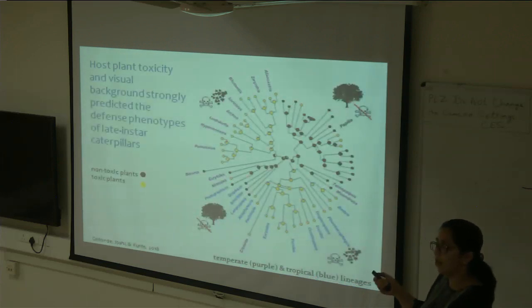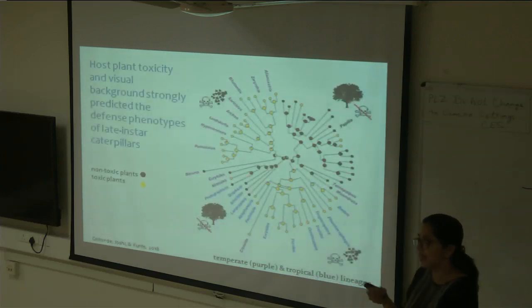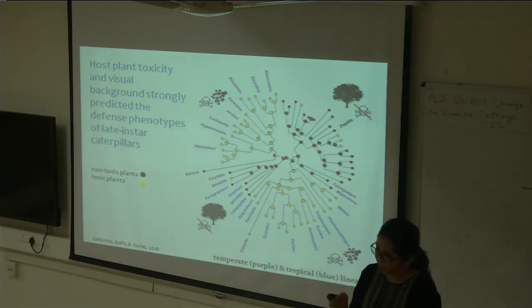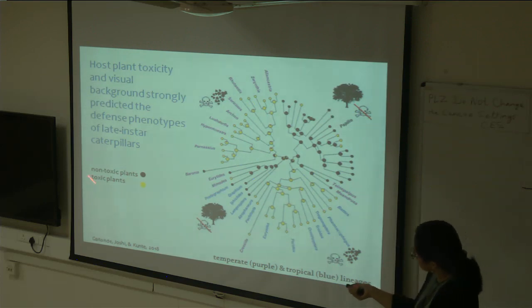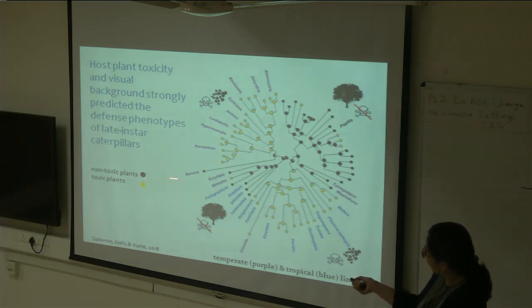Then we wanted to look at the role of the interaction of what plant they feed on and also the visual background. Is it a sparsely vegetated tree or bush they are feeding on, or dense vegetation? And before that, is it a toxic plant or non-toxic plant? So toxic plants are marked in yellow, non-toxic plants are in black.